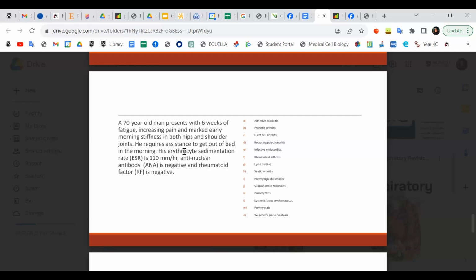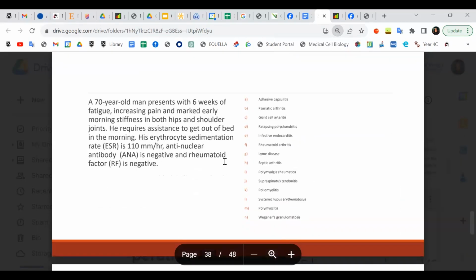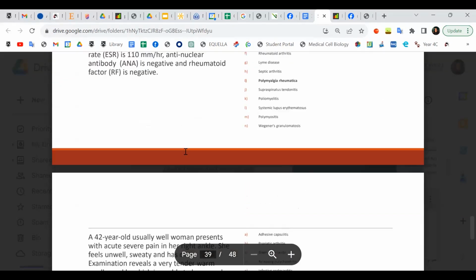He has ANA negative and rheumatoid factor negative. Any guesses? PMR. Cool. Next.